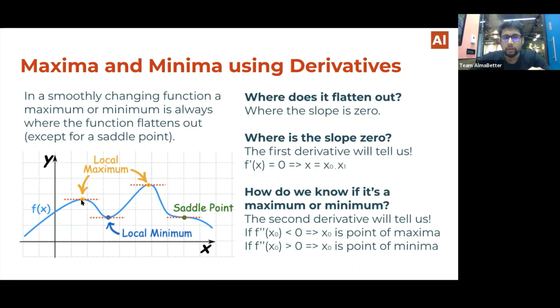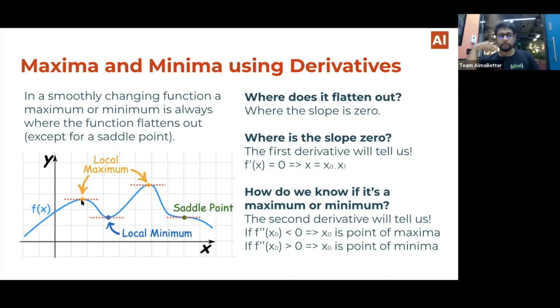So in a local region, if it shows a maximum or a minimum characteristic, it is a local maximum or local minimum. But if you see the overall plot of the function, whichever point the function takes its maximum value, you can call it the global maximum, because globally in the entire domain, that point is the highest.